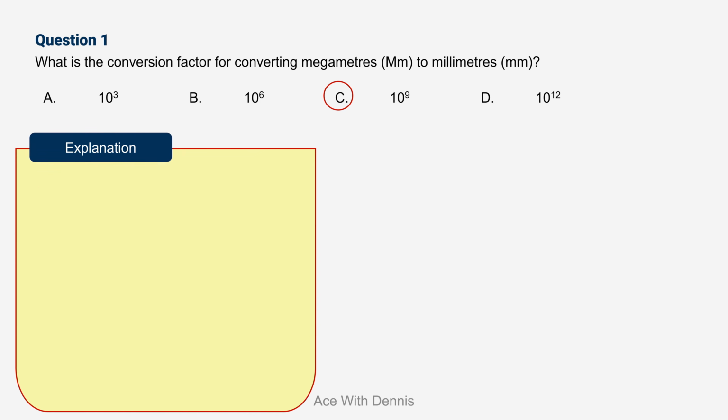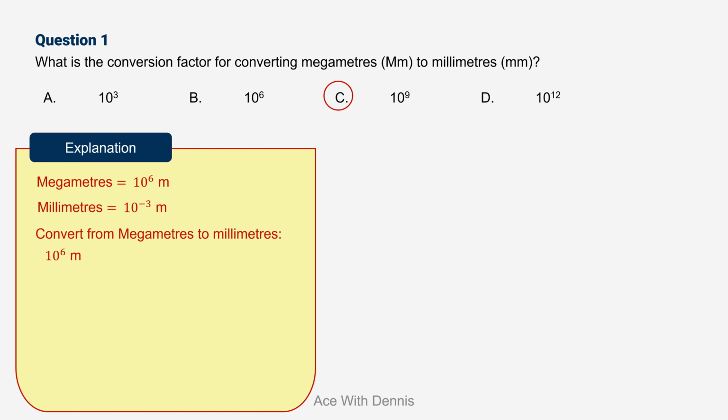Here is the explanation. We know that a megameter is 10 to the power 6 meters. A millimeter is 10 to the power negative 3 meters. To convert from megameters to millimeters, we take 10 to the power 6 meters divided by 10 to the power negative 3 meters. Applying the indices law, it equals 10 to the power 6 minus negative 3, which is 10 to the power 9.